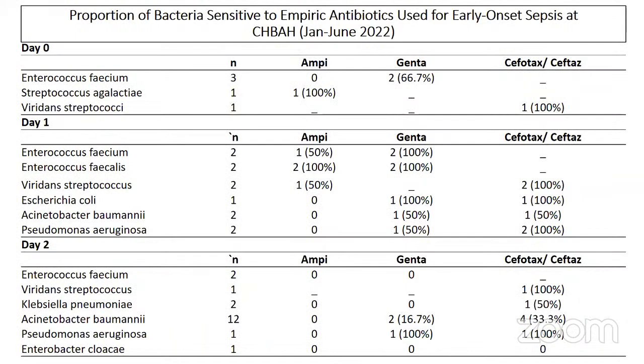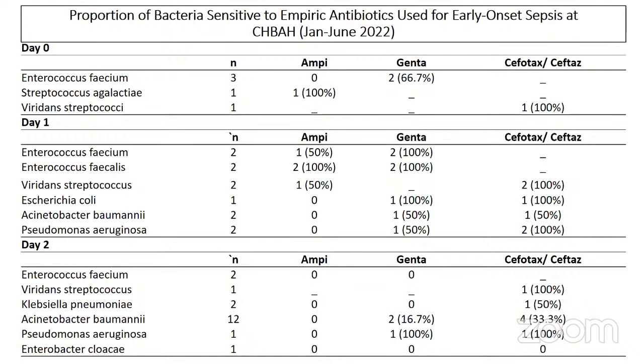Now, here I'm sharing our experience at Bara. We just looked at the last year, the beginning of the year. We looked at day 0, that means the patient at birth, and we use ampicillin and gentamicin for what we call early onset sepsis, which means, again, we use the first 3 days of life. So when we give ampi and genta, of the organisms that we grew, we had 5 patients with positive cultures over that 6-month period.